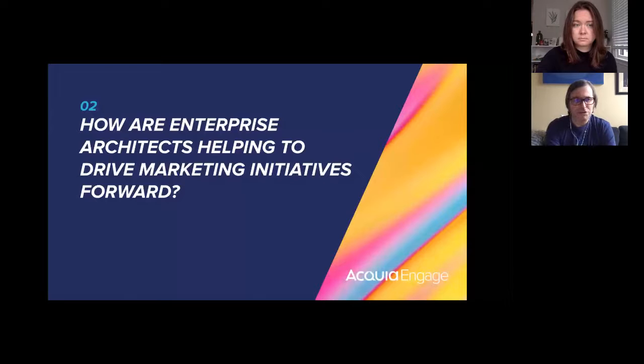But the approach can be less scientific, if you will, because when I'm dealing with something as abstract as what I want the data to look like in a table, in a database, I have to think about it in a really specific way. And when a marketer is going to market with something, there is almost an art to it that is missing from my side of the picture.